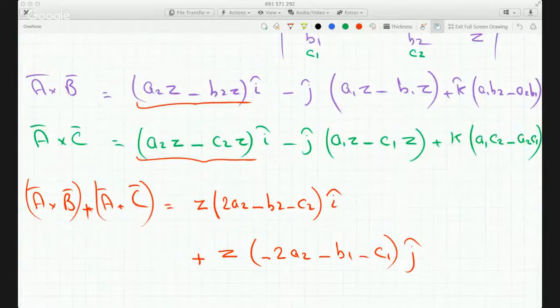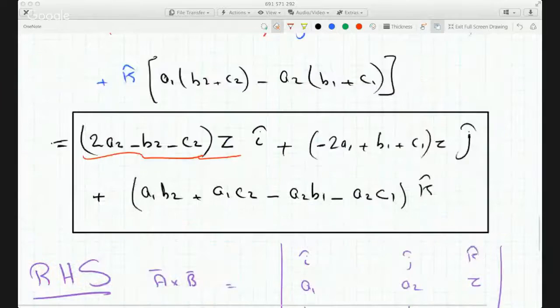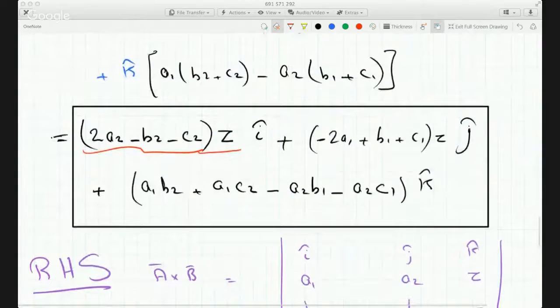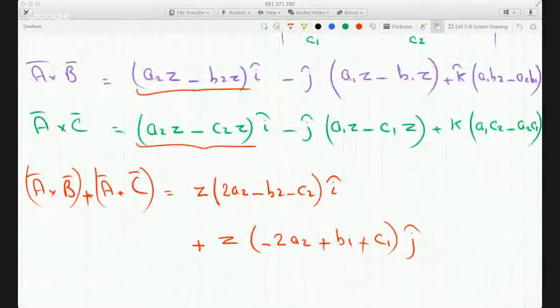Oh, minus minus becomes plus, right? These are plus because you have a minus here and a minus here. Yeah. So, okay, good. And if you look at the second, the y component, it's the same, minus 2a1 plus b1 plus c1 z. So this checks and this checks.